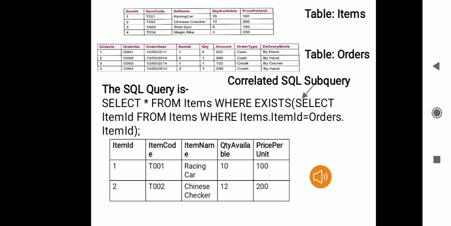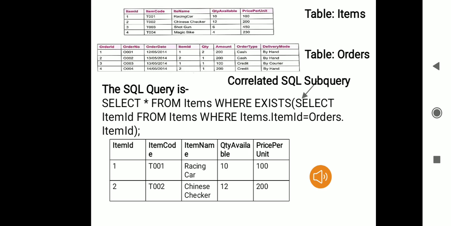So all the details from the outer query select star from items will again be extracted, but this time for item id as 2, which gives the second row in the output as item id equal to 2, item code as T002, item name as Chinese checker, and QTY available as 12.